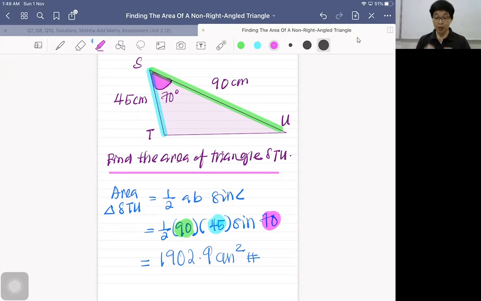All right, so that's all that you require when you're confronted with a triangle that is not right-angled and you do not have the height given to you.